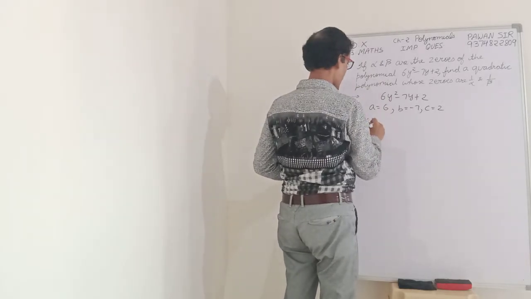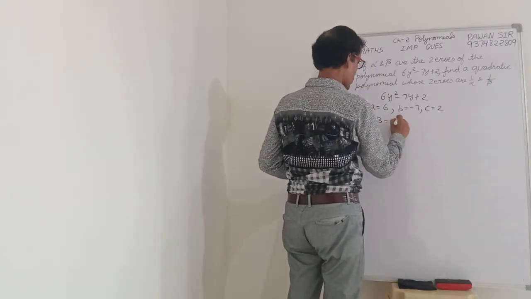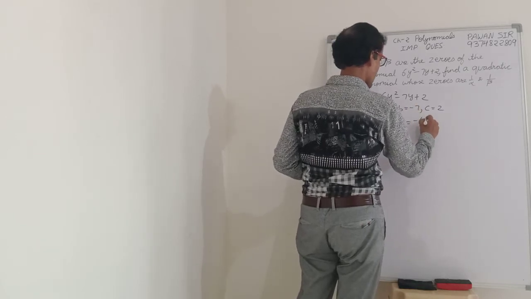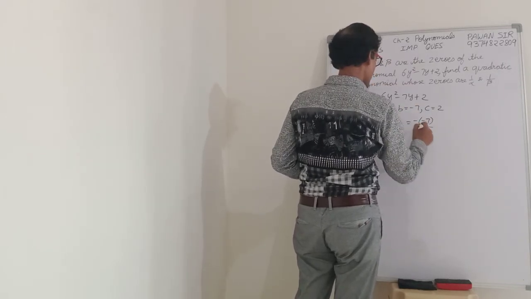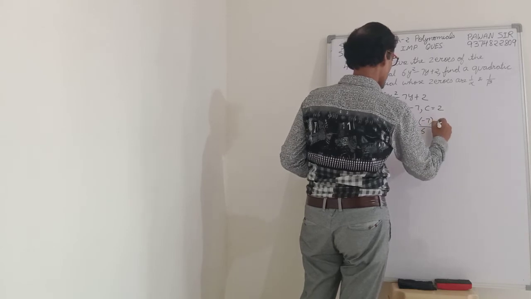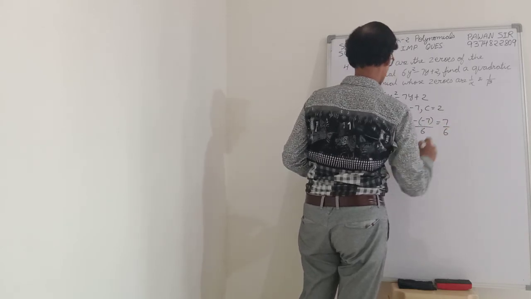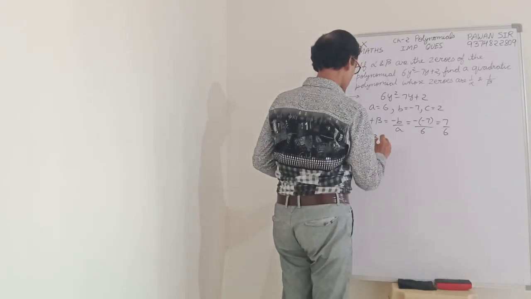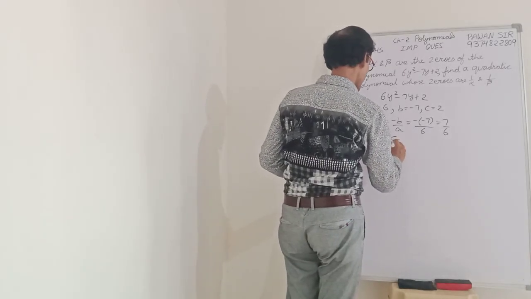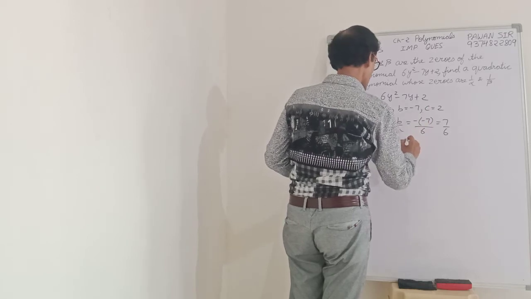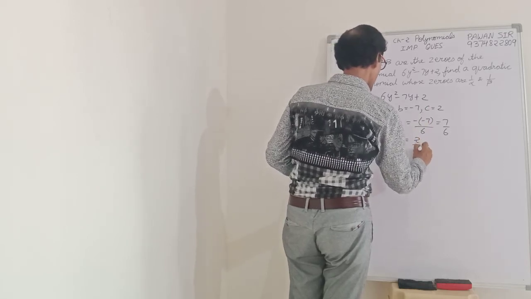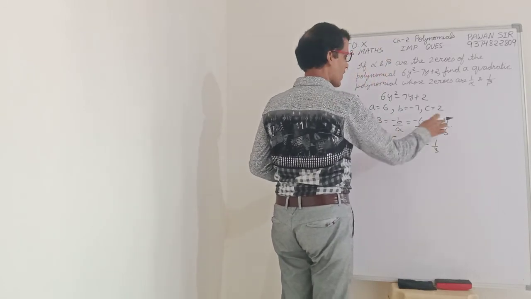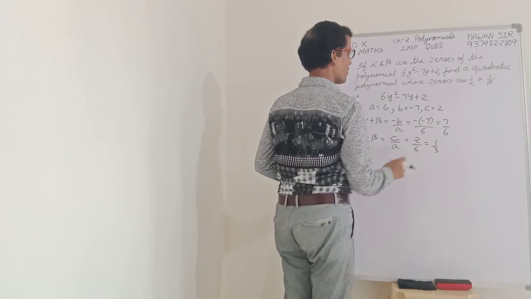So alpha + beta, as you know, is equal to -b/a. b is -7 and a is 6, so the sum of the zeros will be 7/6. Now the product of the zeros, alpha beta, is c/a, equal to 2/6, that is 1/3. So alpha + beta is 7/6, alpha into beta is 1/3.